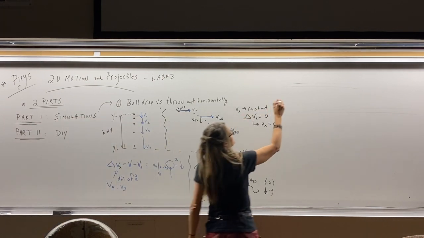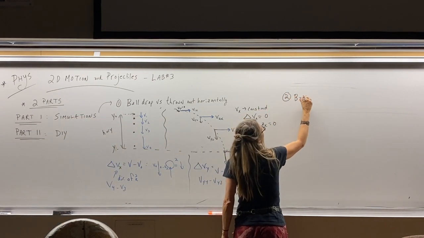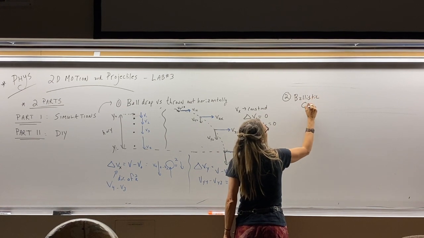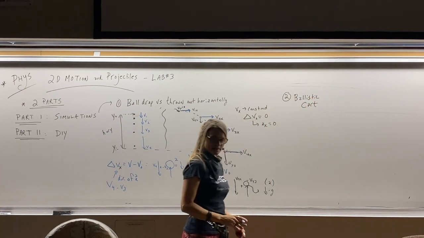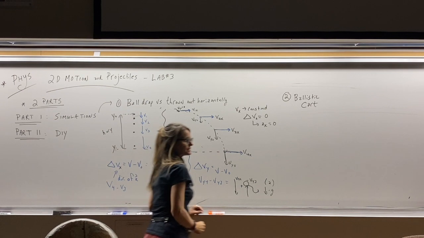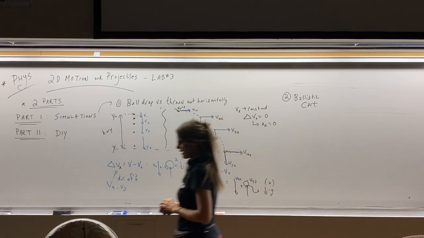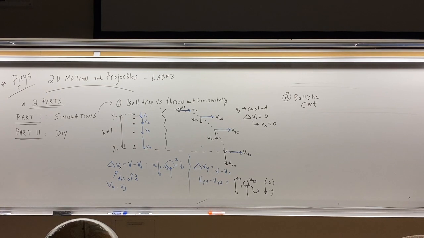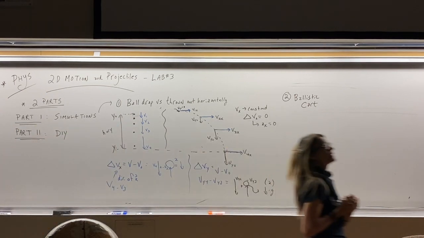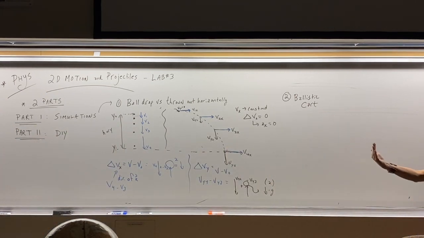The second is the ballistic part. And this is a standard demo. We have one of these in our lab, but the idea is if I am moving with a constant velocity, I throw a ball up in the air, and I'm moving with that constant velocity, I should be able to catch that ball without having to slow down, speed up, or stop.